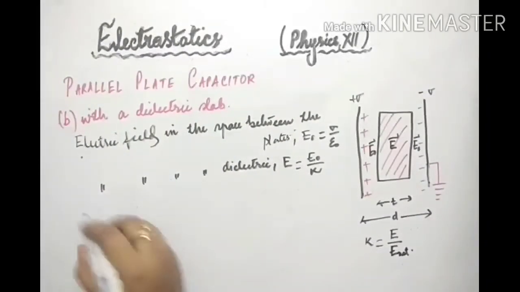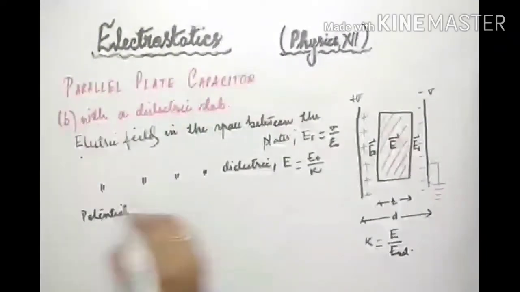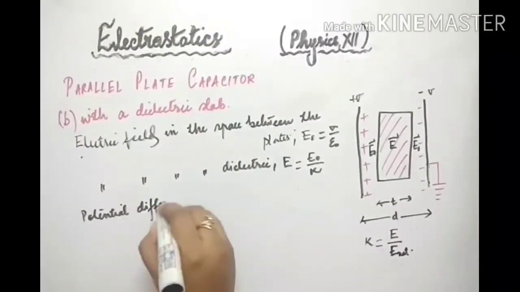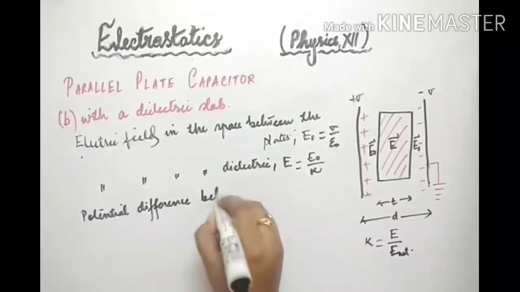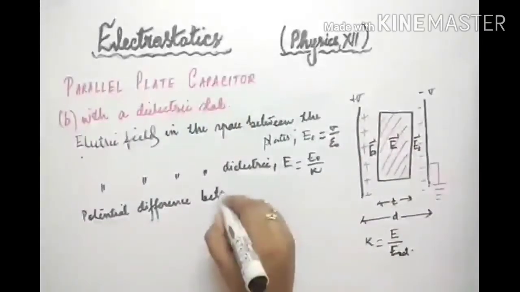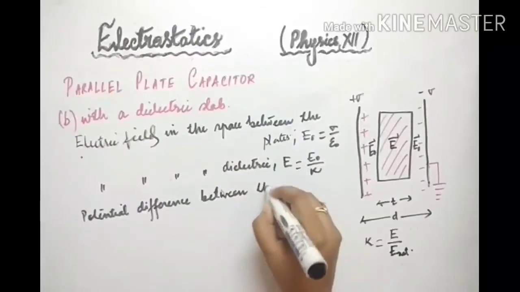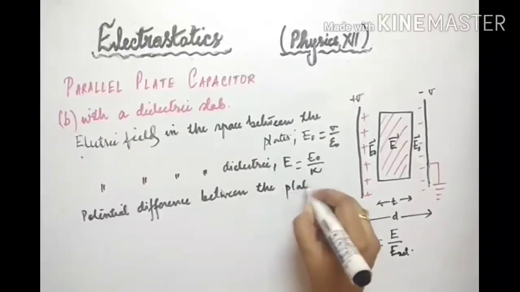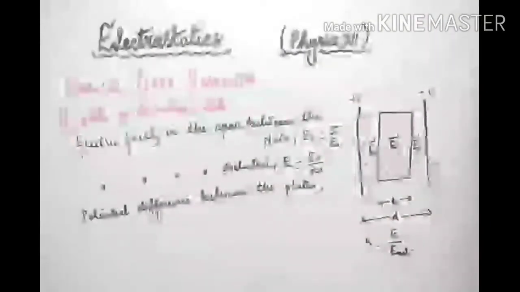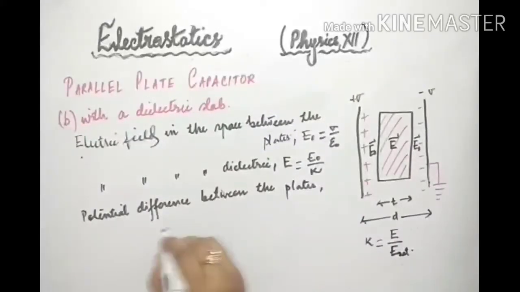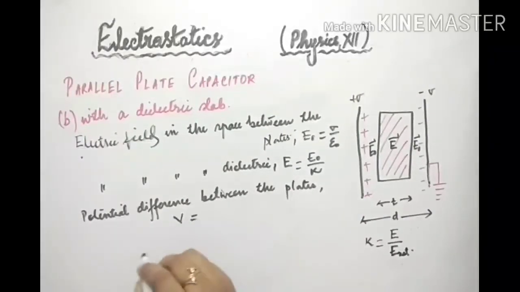So now the potential difference between the plates. We know potential equals electric field into distance.